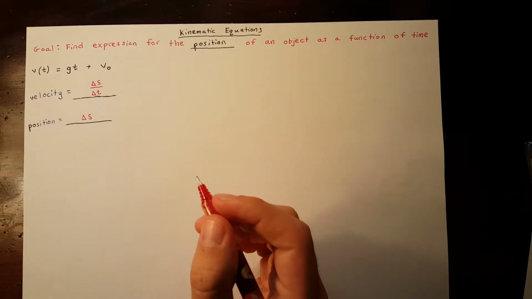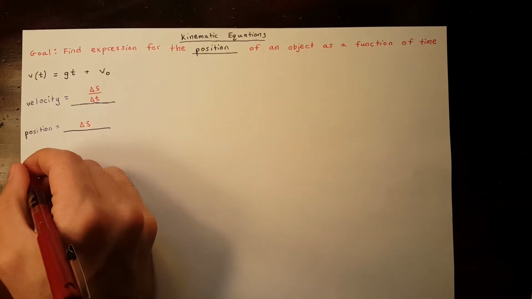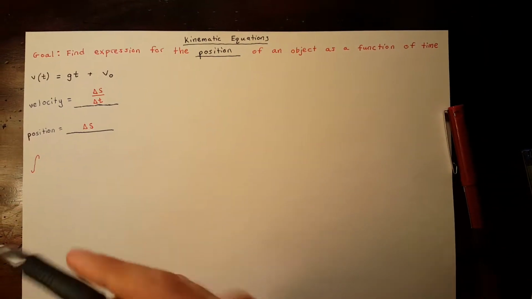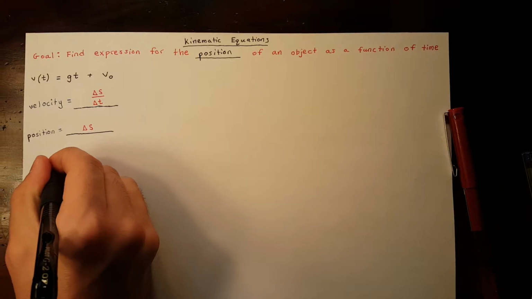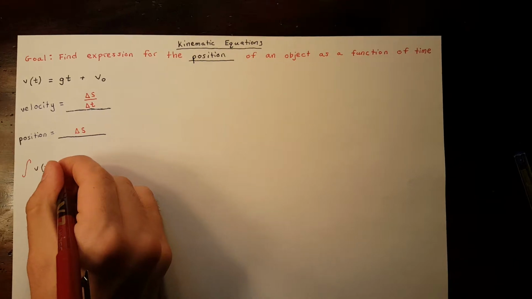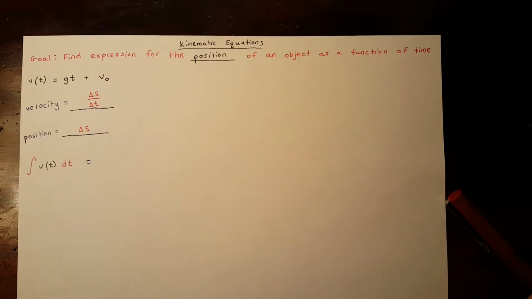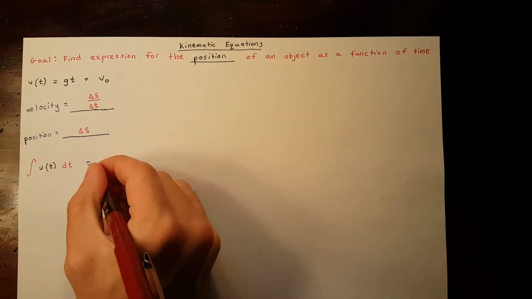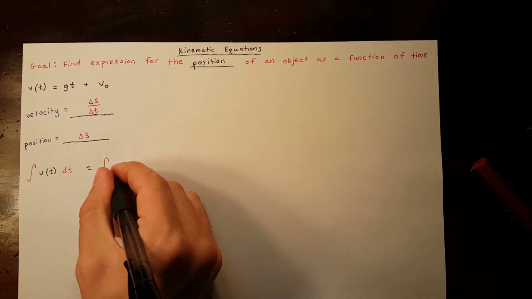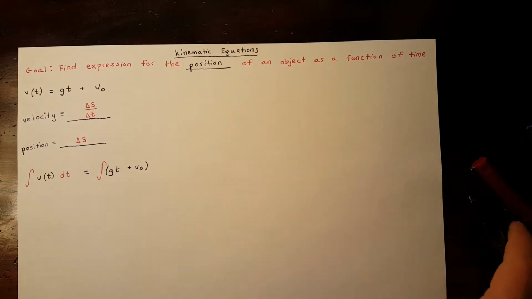So what we want to do is see what happens when we take the antiderivative of velocity with respect to time. So let's take the antiderivative of v of t dt, and we'll set that equal to the antiderivative of gt plus v naught with respect to time.